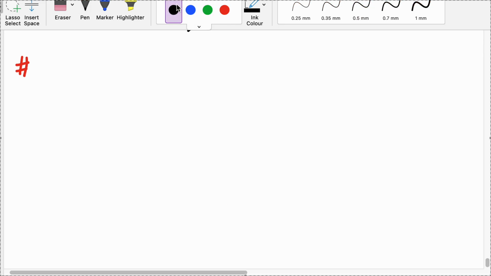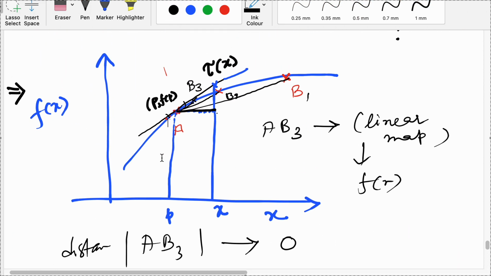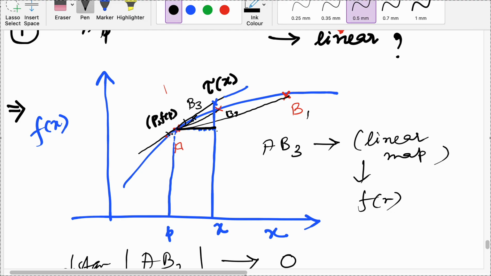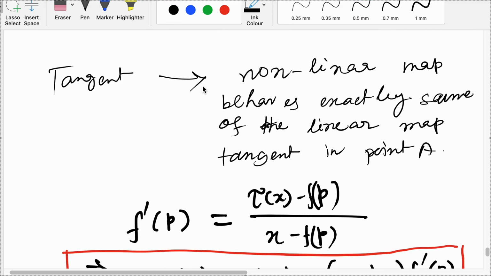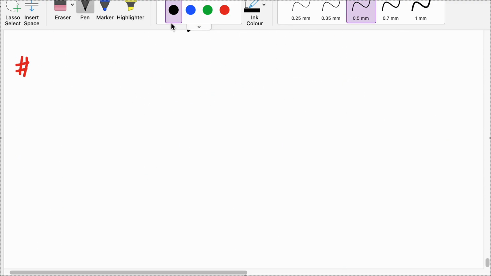Suppose I zoom nearer to this point, can we say that the neighbor point of this can closely match that point or not? So let's see. Zooming out.